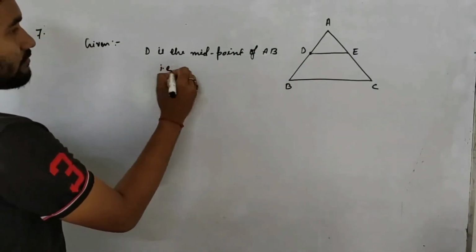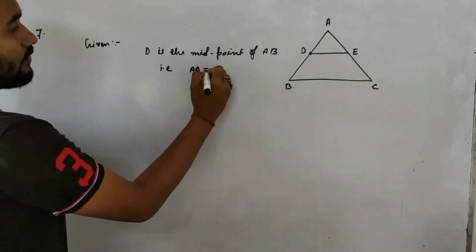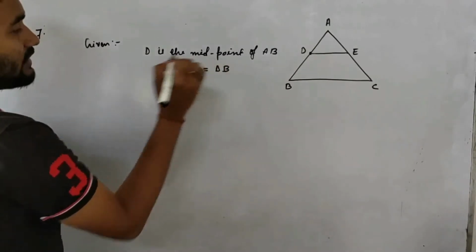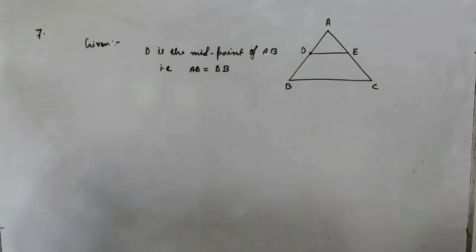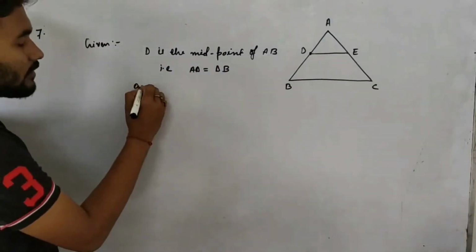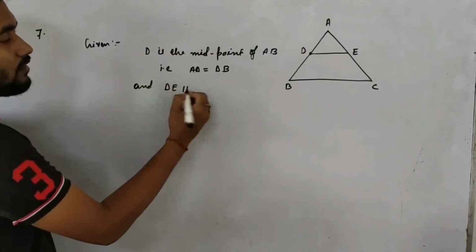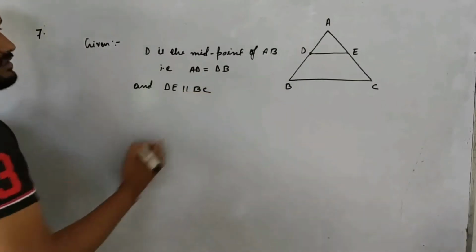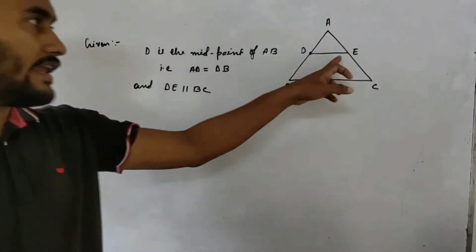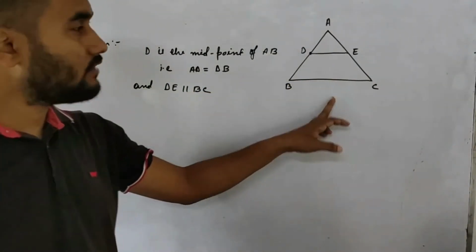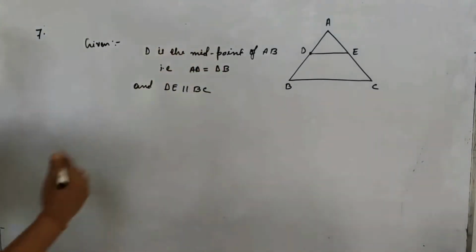That means AD will be equal to DB. And it is given that DE is parallel to BC. This is given, that the line is parallel to the another side. That much given. The next part we have to prove.